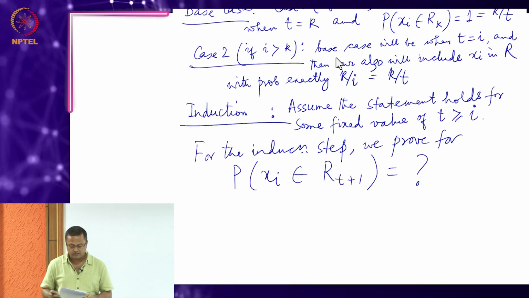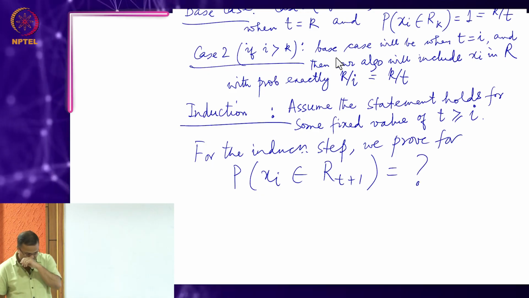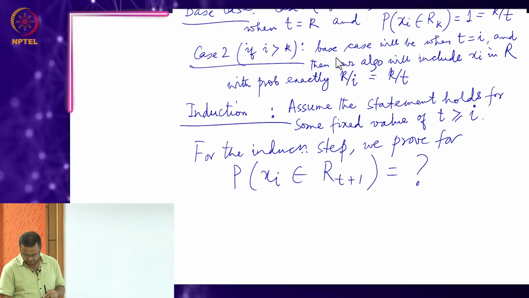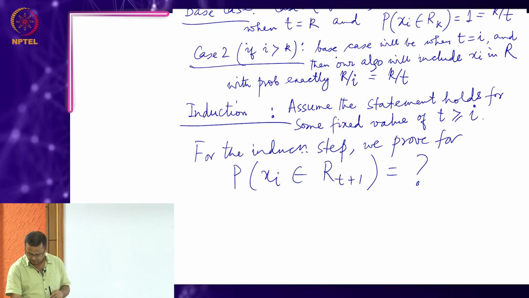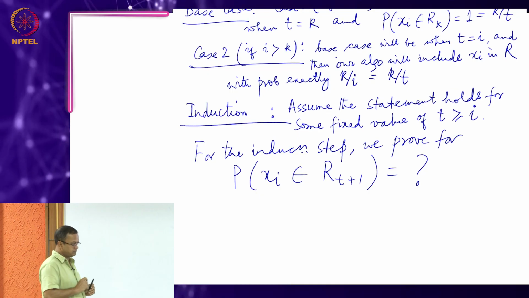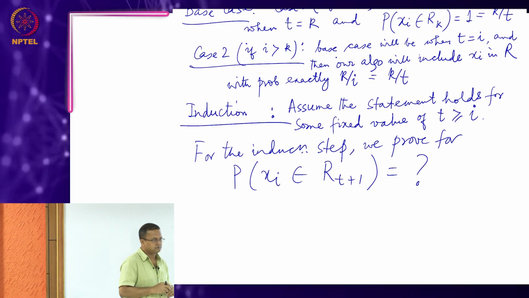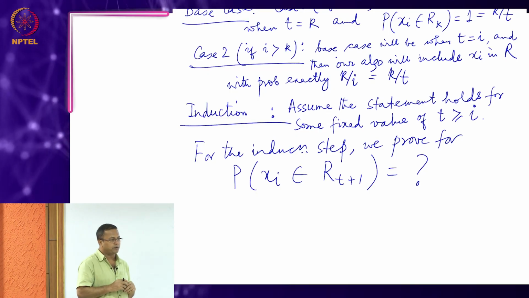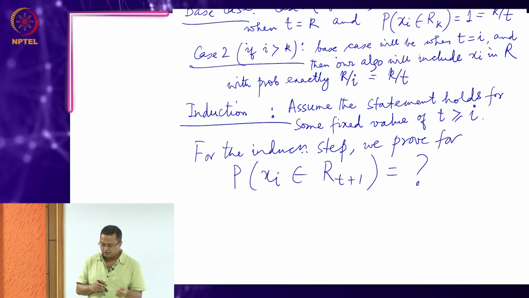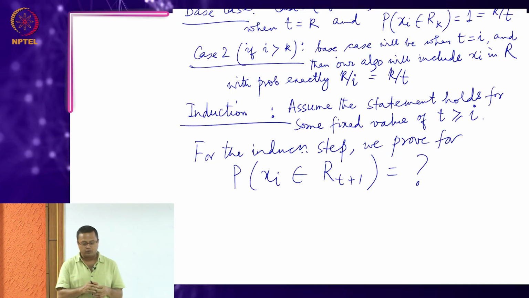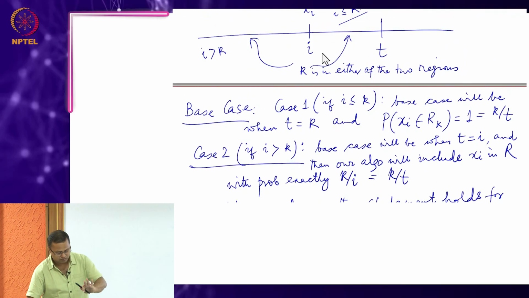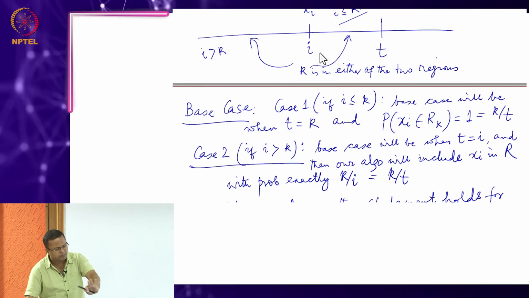This is what we are interested in. So, what about an i that is less than or equal to t, mind you. So, do not bother about the base cases too much, these are boundary cases.